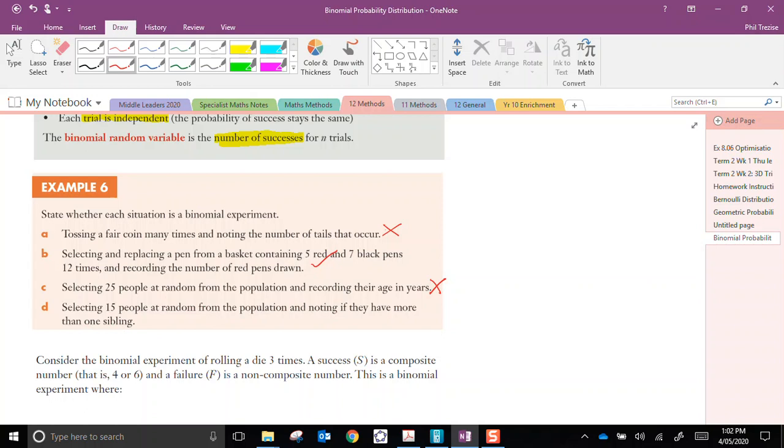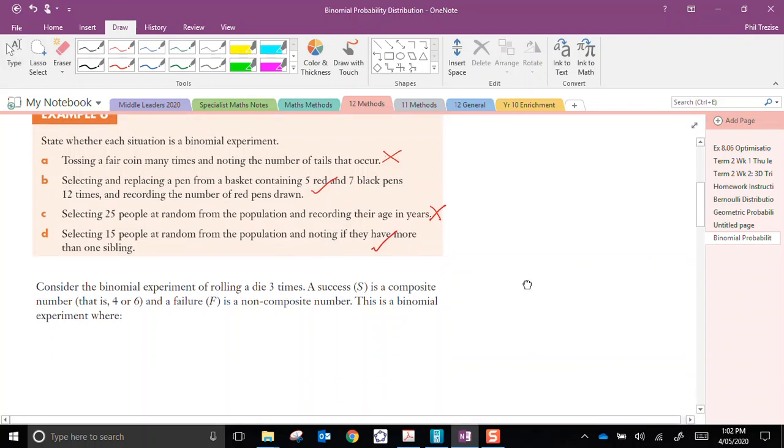But if you chose from a very large population, then the probabilities of the different numbers of siblings would, because of the law of large numbers, approach fixed values. So yes, this is a binomial experiment, as long as the population is a large number.